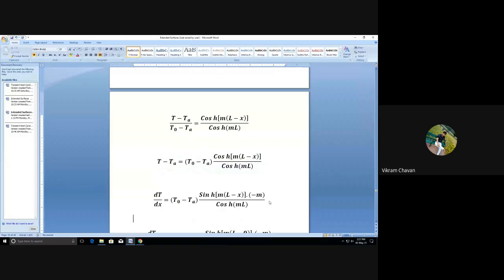After taking the differentiation, we'll get dT divided by dx is equal to (T naught minus T_a) multiply by the differentiation of cosh, which is sinh, of m(L minus x).